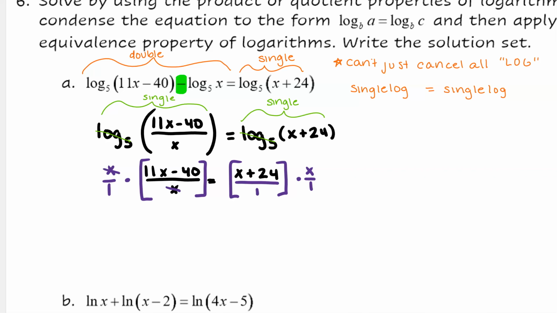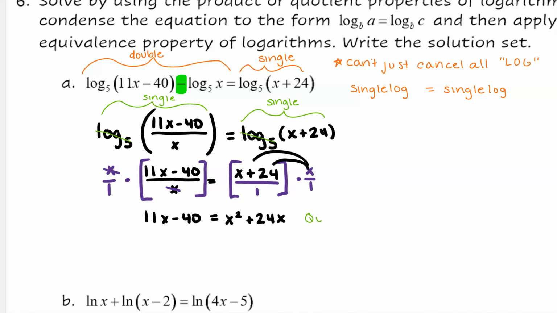So on the left-hand side, it does cancel, 11x minus 40, but on the right-hand side, it doesn't cancel. So I actually have to do this x times x plus 24, which will distribute, and I get x squared plus 24x. Now, what kind of equation is this?